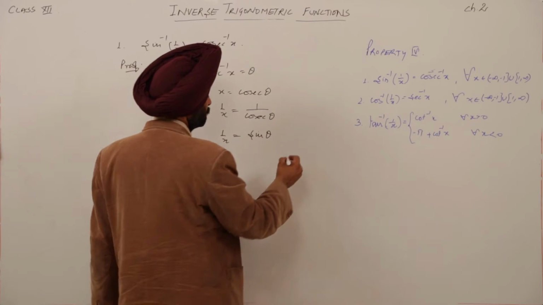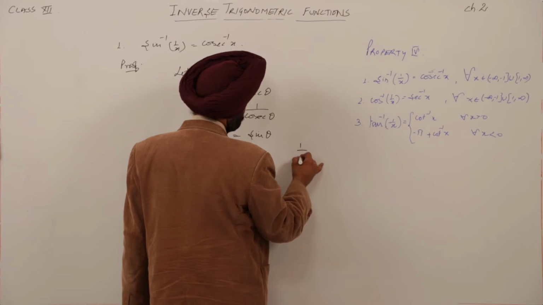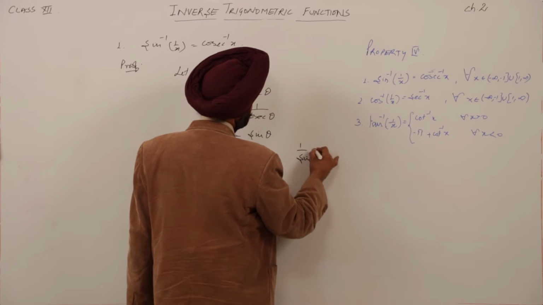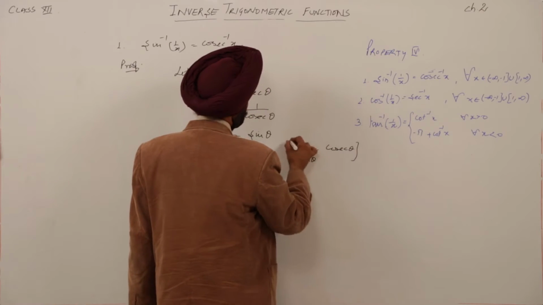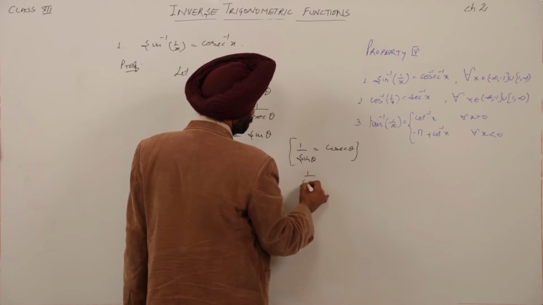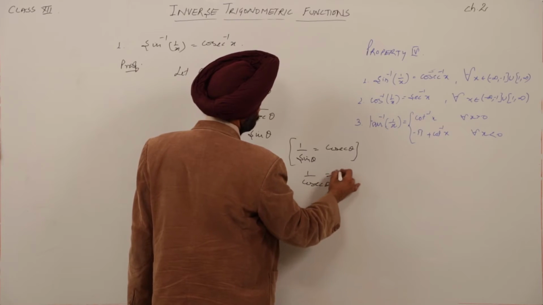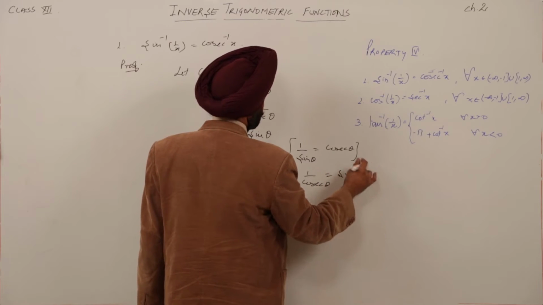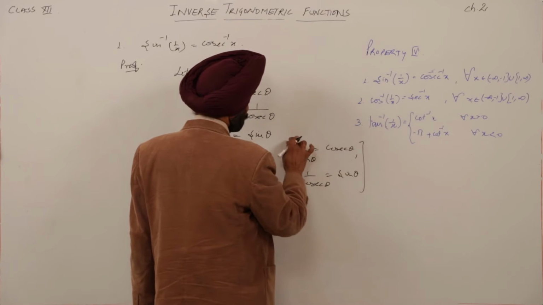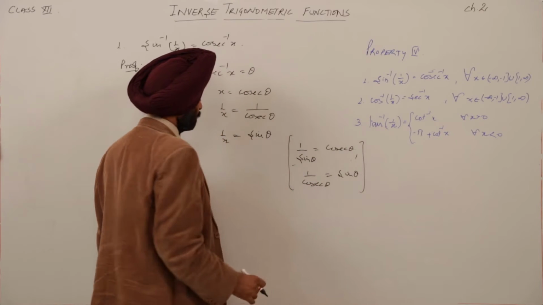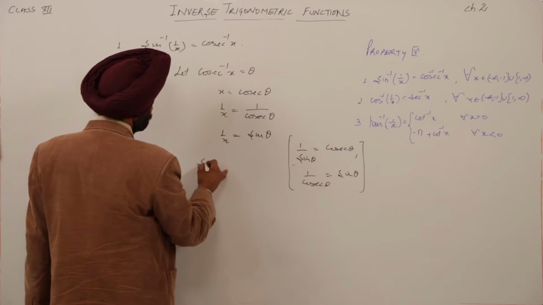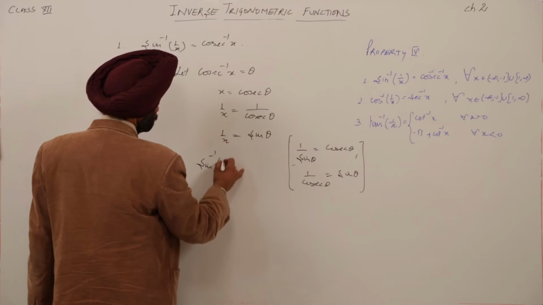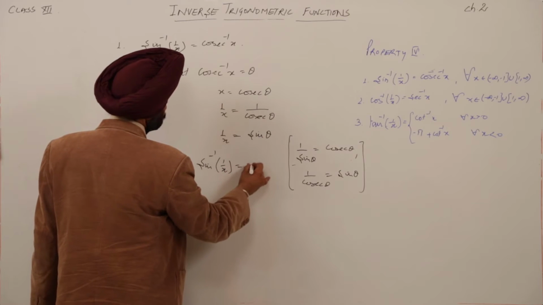You have gone through this in class 10th trigonometry, that 1 upon sin theta is equal to cosecant theta, and 1 upon cosecant theta is equal to sin theta. So, for 1 upon cosecant theta, we write sin theta. From here, we have sin inverse 1 upon x is equal to theta.